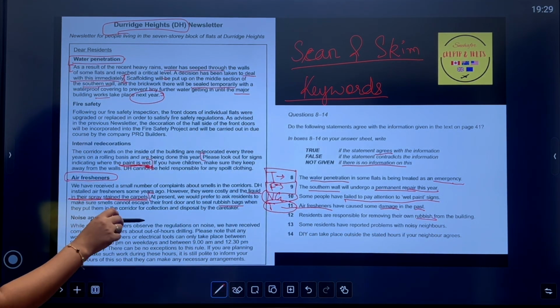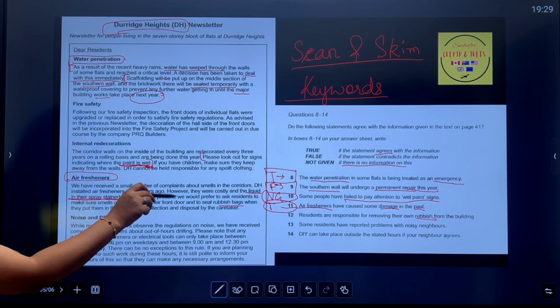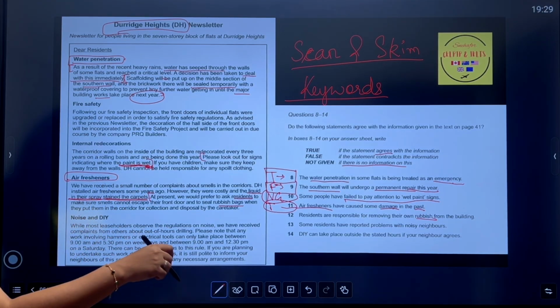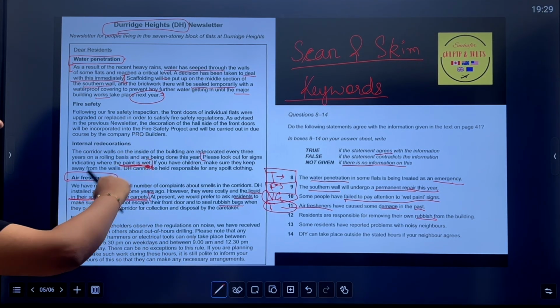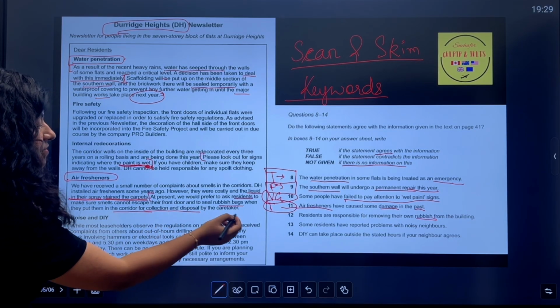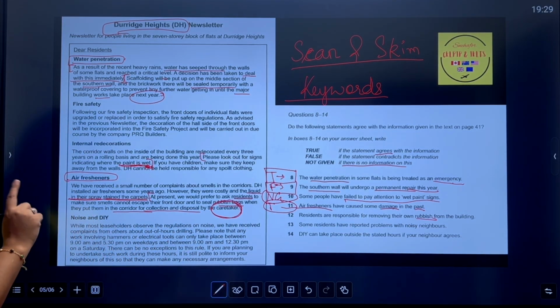When they put them in the corridor for collection and disposal by the caretaker. So here it's been said that residents put and seal their rubbish bags, they put them in the corridor for disposal, and who does it? Collection and disposal, that is done by the caretaker. This is what the text says.